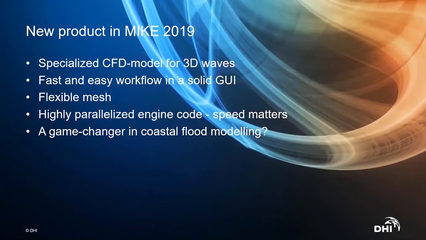The model has been implemented with a flexible mesh discretization, allowing complex geometrical and bathymetrical features to be represented accurately. Then the engine code has been highly parallelized, meaning that we will experience speed-up as we distribute the computational load on multiple cores.